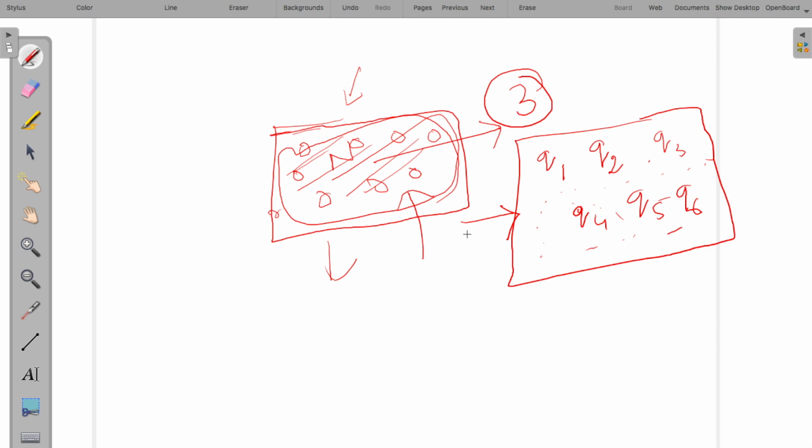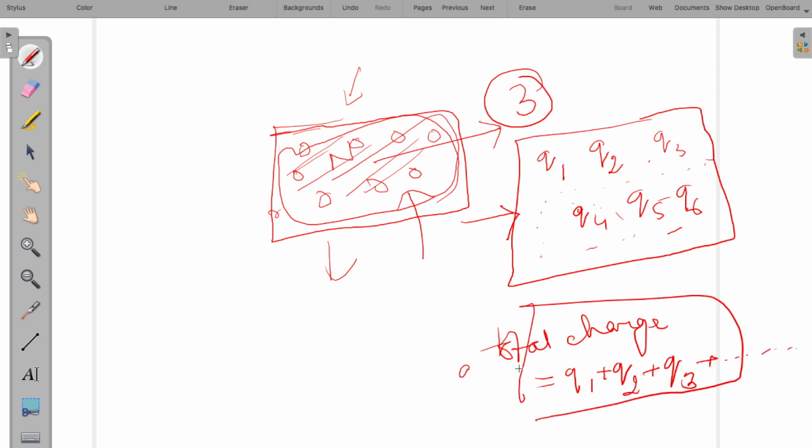This means that the charges follow the additive property. What will be the total charge? Just add them, it is an algebraic sum. Take the algebraic summation of all the charges. These are the properties of the charges.